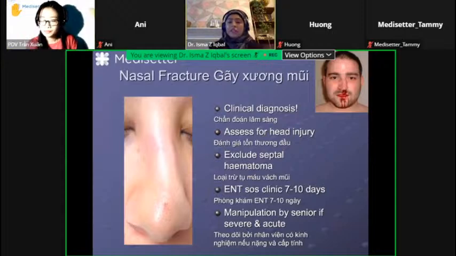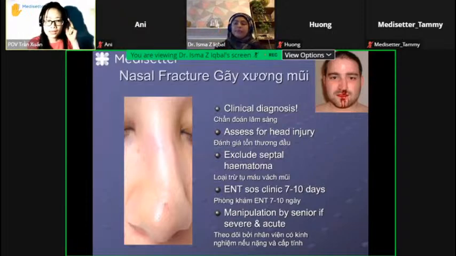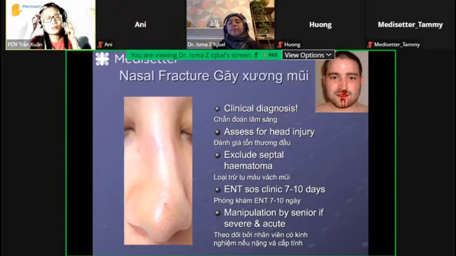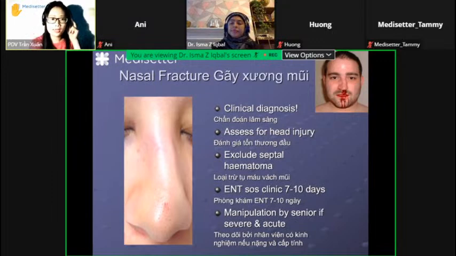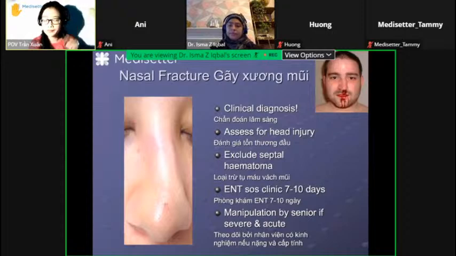If they don't have any significant bleeding and it's just a nasal fracture, you wait for the swelling to go down and review them in the clinic in 7 to 10 days after the injury. Nếu mà tình trạng chảy máu ít thì trên tình trạng gãy xương mũi thì có thể chúng ta sẽ khám ở phòng khám khoảng 7 đến 10 ngày.